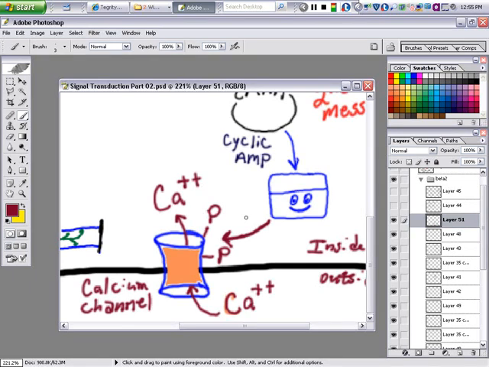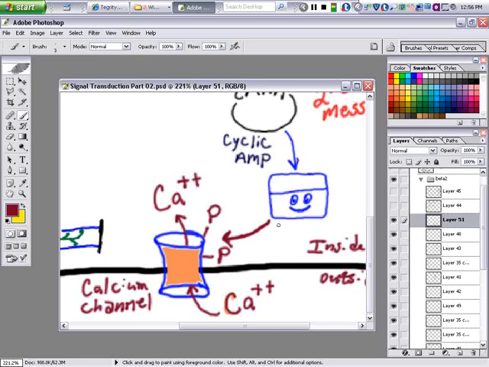So the name of a protein that takes a phosphate away is called a phosphatase. What's the name of a protein that adds a phosphate? This is a tough one. There's no way you can know this unless you're like a genius or something. We call such a protein a kinase. Why is it called a kinase? I don't know.